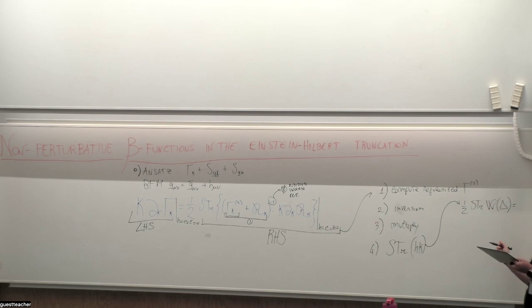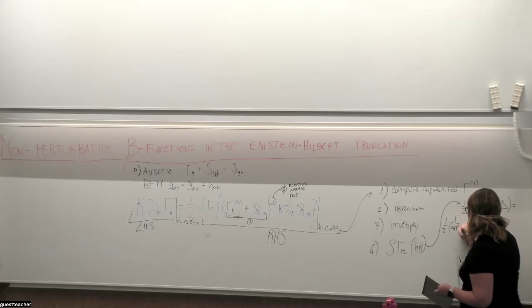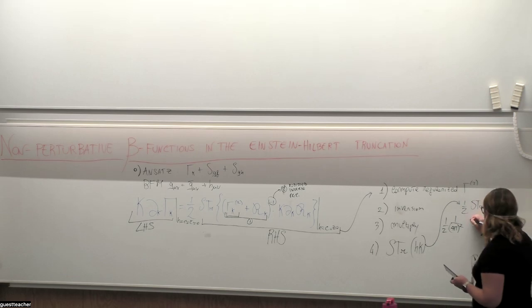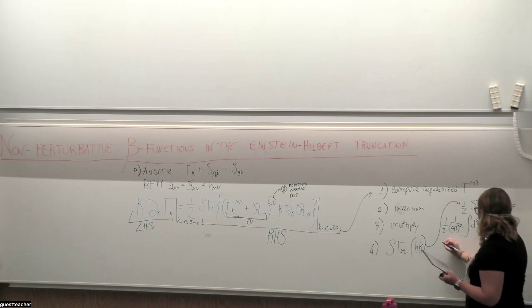And the lowest order ones are the following. So we have 1/2. Now I'm specializing to d equal to 4, but I may compute the stuff in general dimensions. And here we have a space-time integral, for now with a general metric.